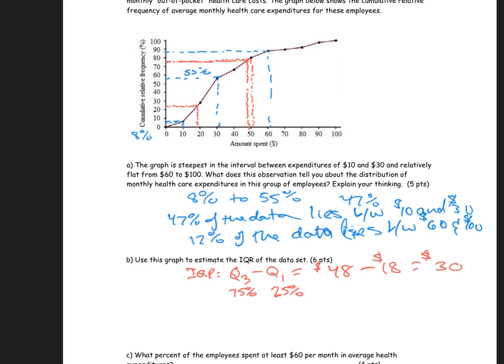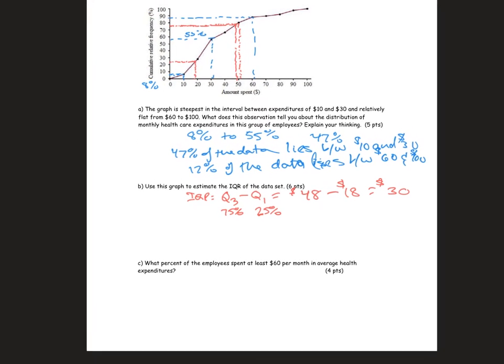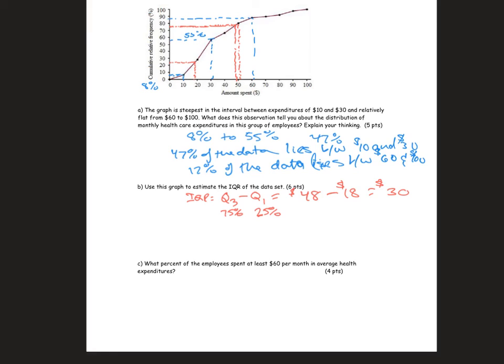Now let's go to part C, which is what percent of the employees spend at least 60 per month. So at least means 60 or greater. So let's go to the 60 here, and we're already there. And I think we said about 88%. So 88% spend 60 or less.